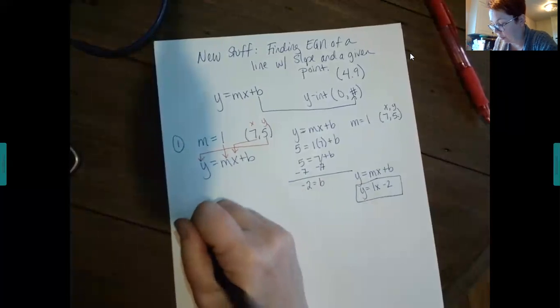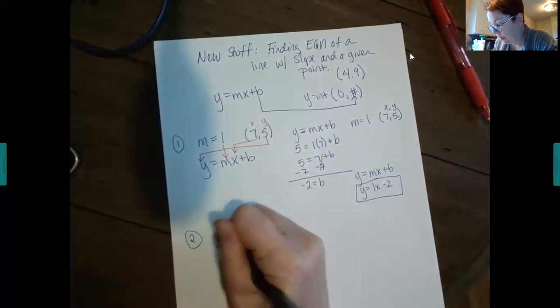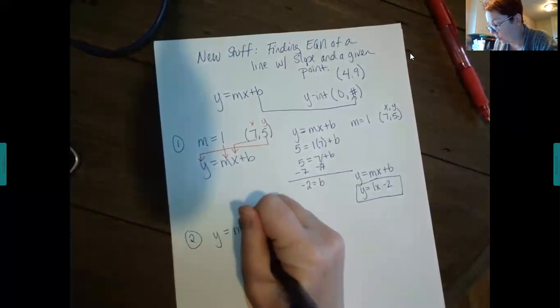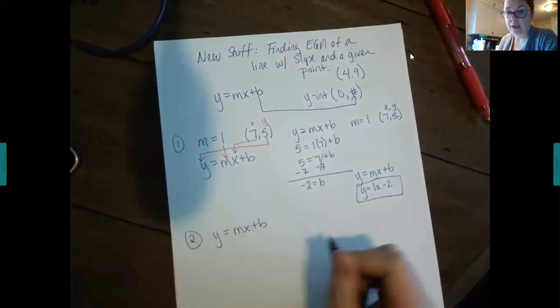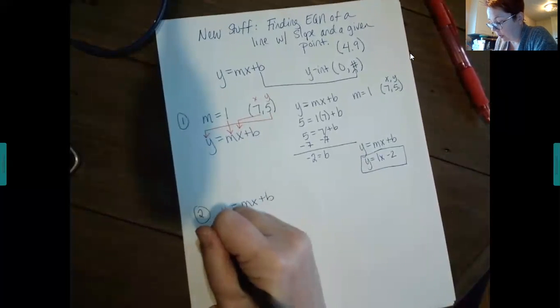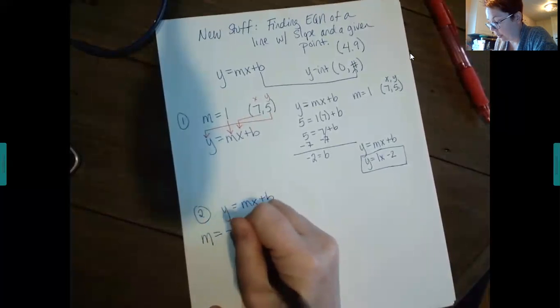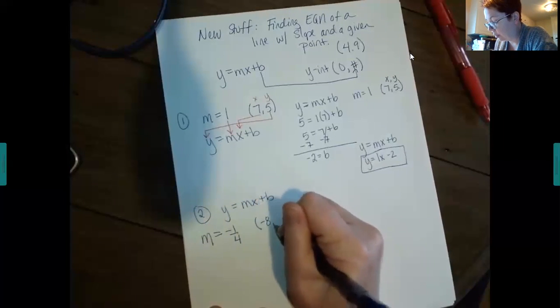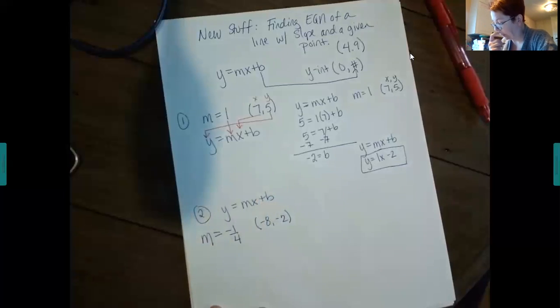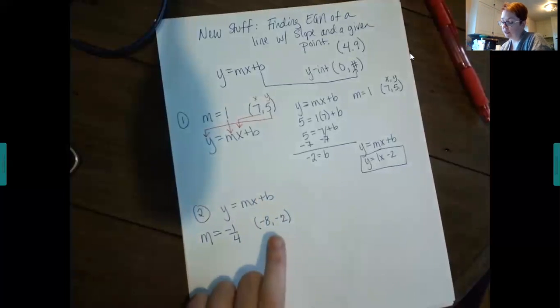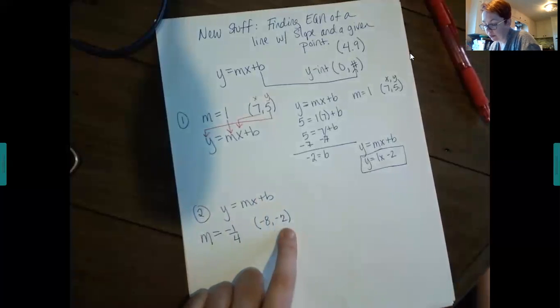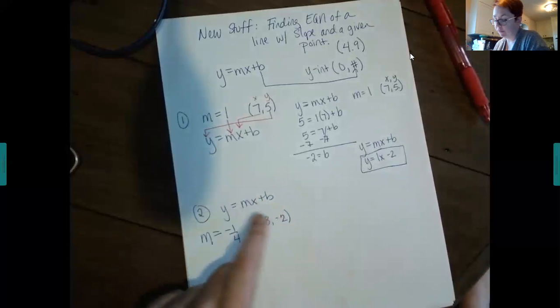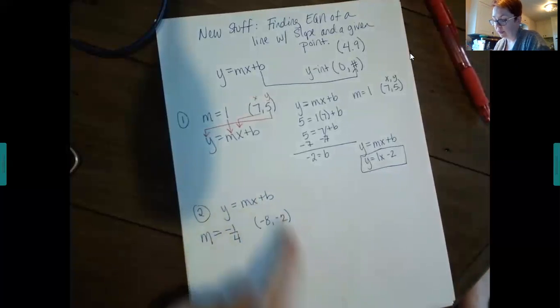All right, let's do another one. We want it in this form. And if they give us a slope of negative 1/4, and give us a point of -8, -2. Okay, so since this is not 0, this is not the y-intercept, so we have to substitute in and solve for b.